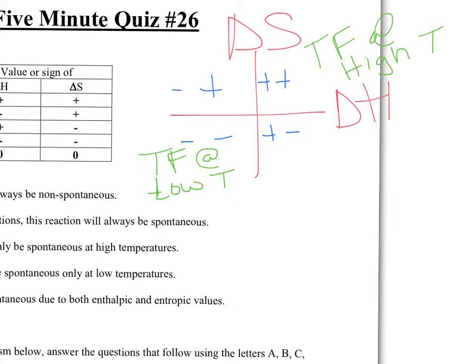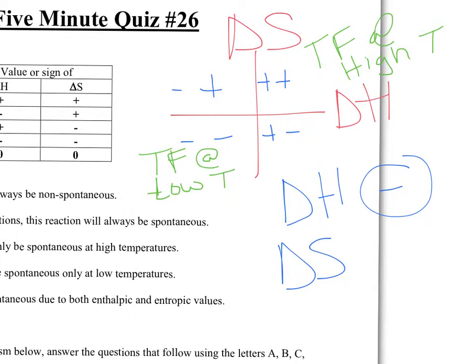Now, what do we know about delta H and delta S? Delta H likes to be negative. Delta S likes to be positive. So when we look back at this, where does that put our always spontaneous? Delta S is positive, delta H is negative.